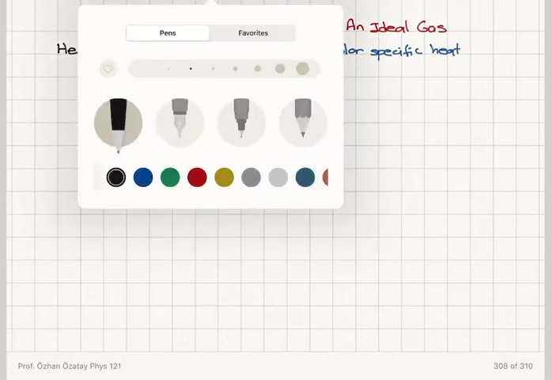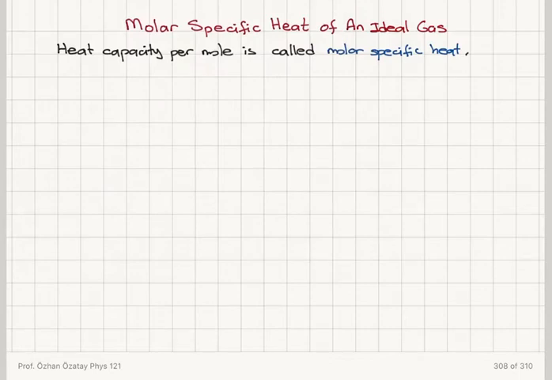So if you remember, the definition of heat capacity was the amount of energy you have to provide in order to increase the temperature of a system by 1 degree Celsius. So Q was equal to heat capacity times delta T. And now I define molar specific heat, C, that is the heat capacity divided by N, number of moles.